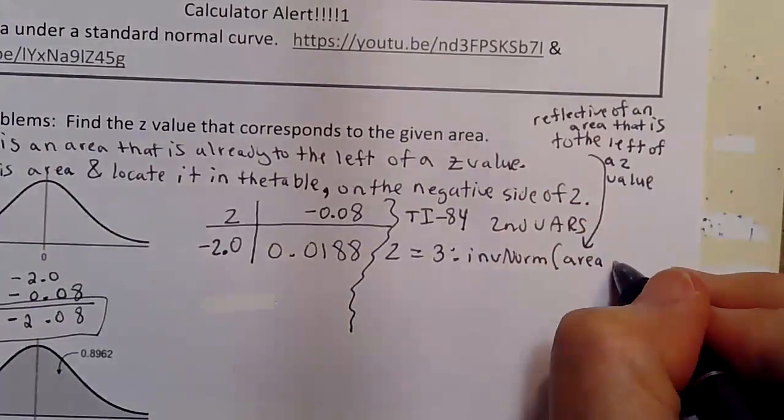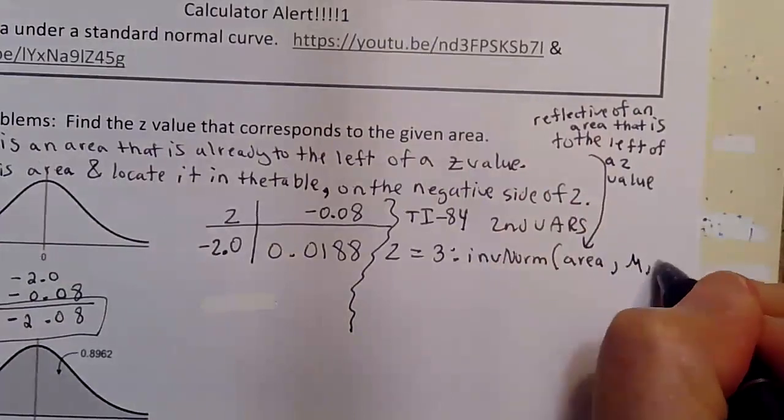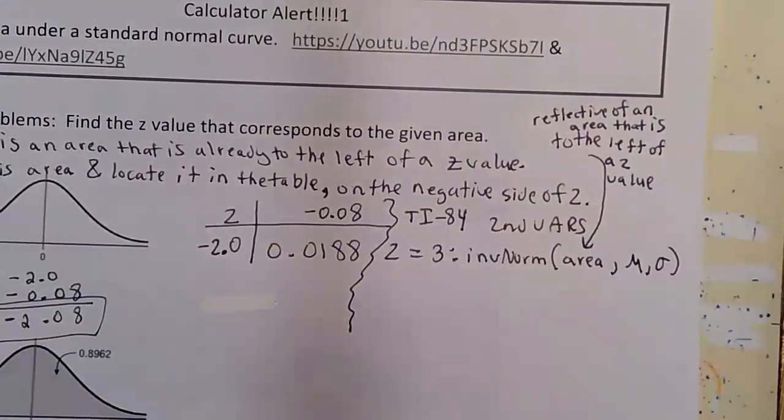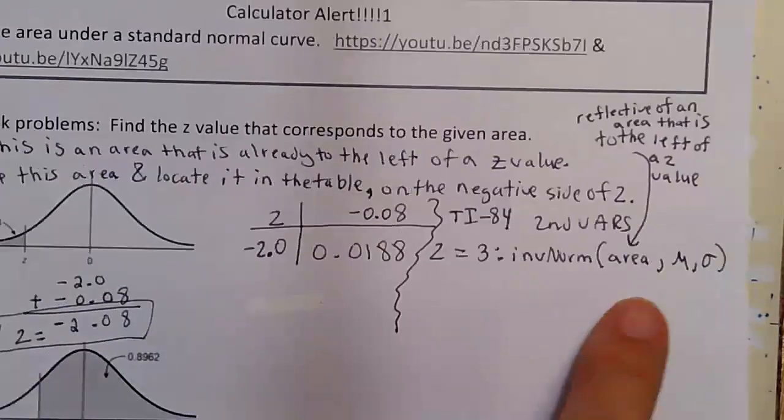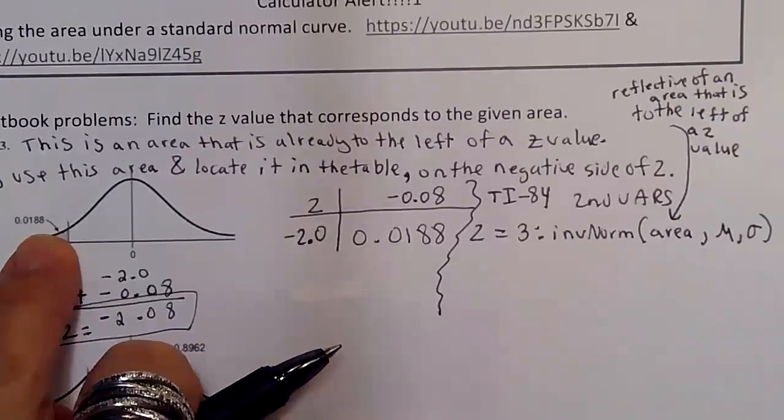So area, mu, and then sigma. In section 6.1, mu is still 0 and sigma is 1. It's in section 6.2 where they're going to start assigning different values to mu and sigma. Okay, so this is an area to the left, so we can use that here.